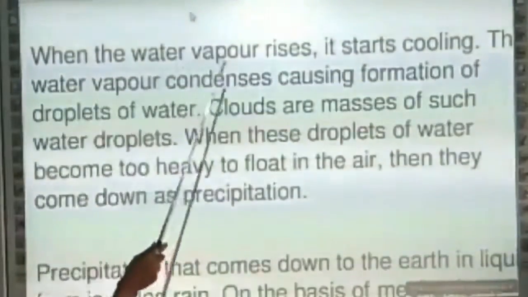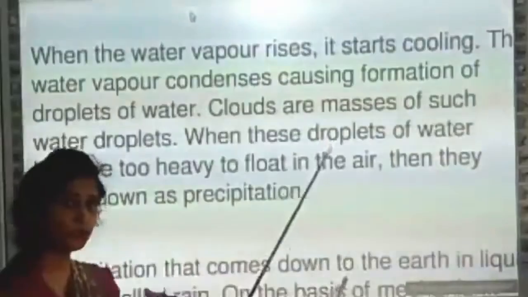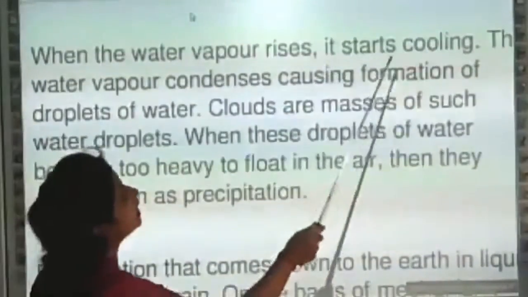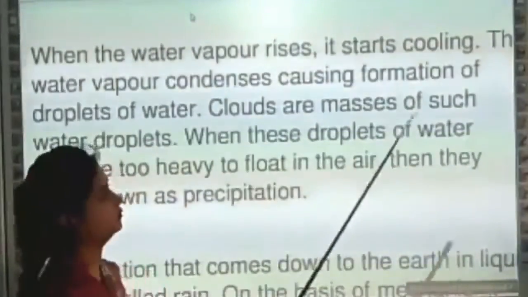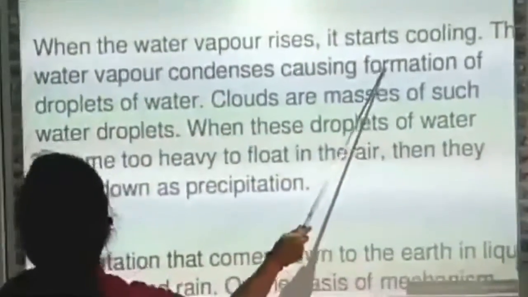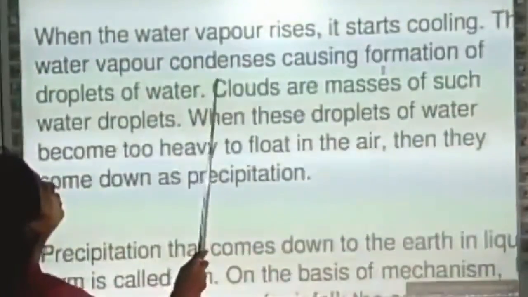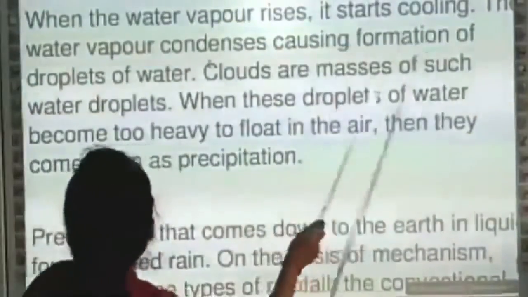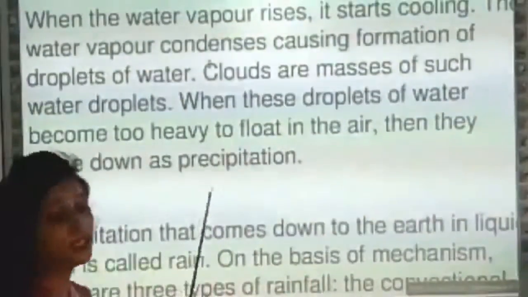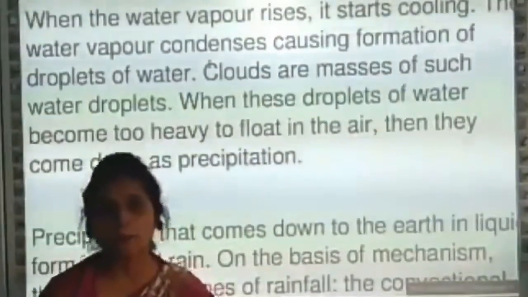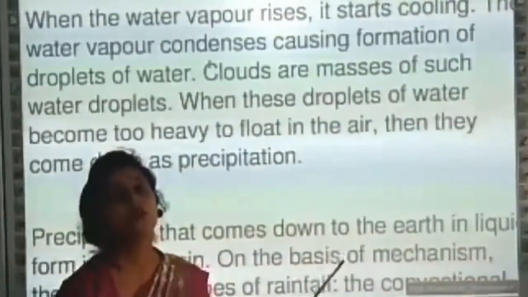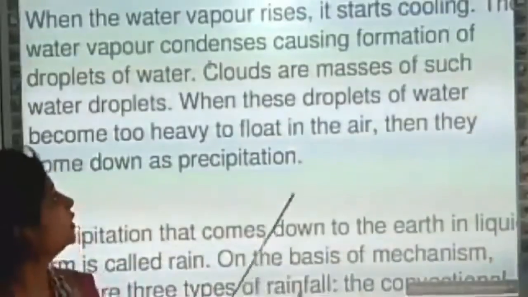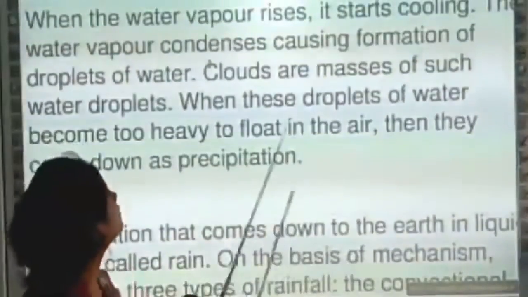When water vapor rises up, it starts to cool down. The water vapor condenses, causing the formation of droplets of water. Evaporation is happening, but after evaporation, when the vapor is heated more, it rises up and cools down, and convection starts.